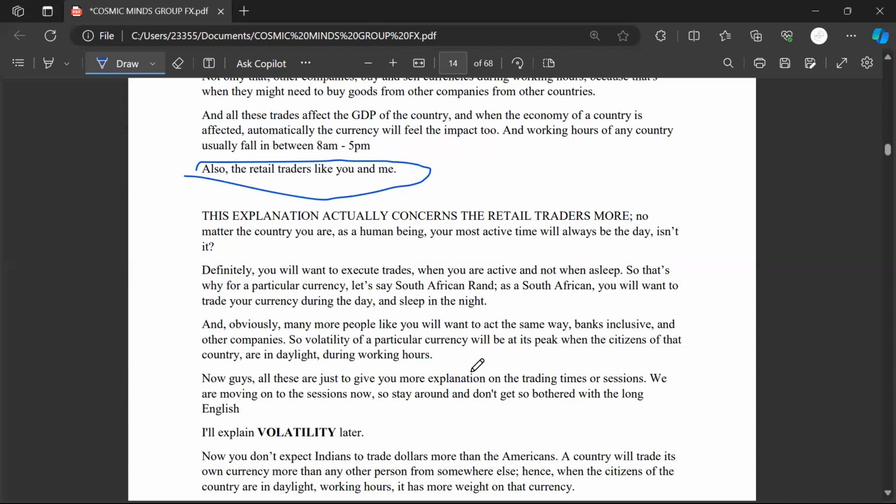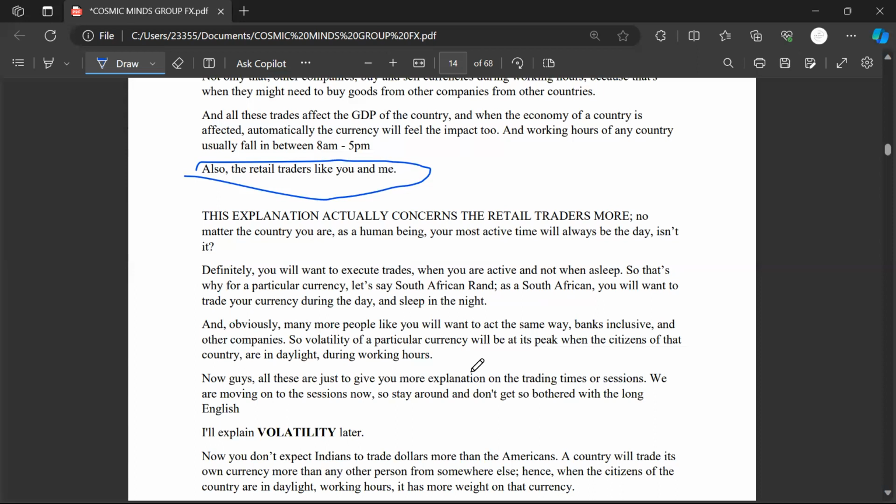As human beings, your most active time will always be the day, isn't it? Definitely you will want to execute trades when you are active and not when you are asleep. So for a particular currency, let's say the South African rand, that's the money they spend.